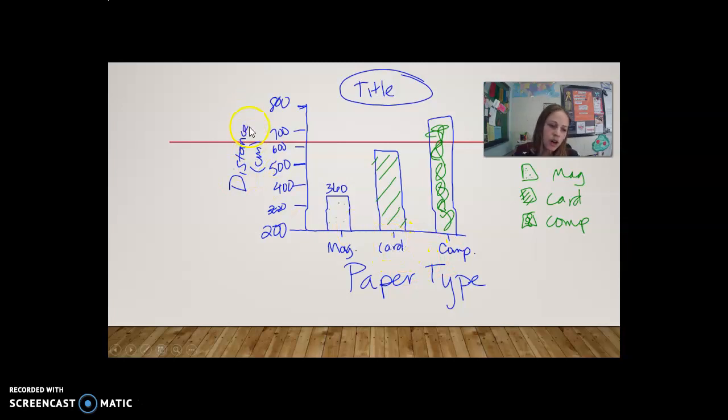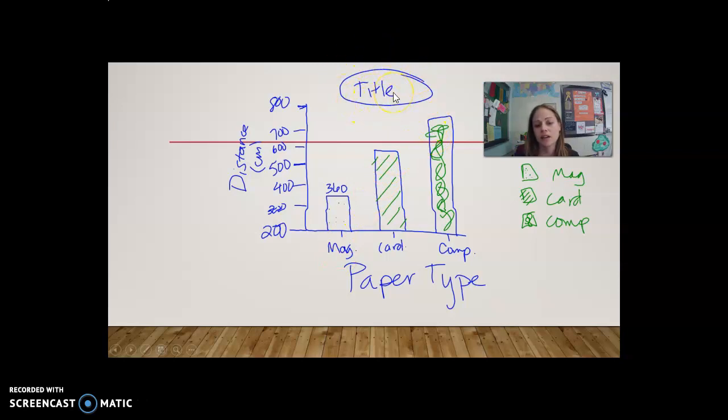On the y-axis, you have distance in, we did centimeters that year. You could also do just meters, as long as you're consistent. It's not going to be flying 500 meters, I can guarantee you that. So let me stress, these are the averages that you are plotting. So the average distance flown for the magazine was this much, etc., etc.